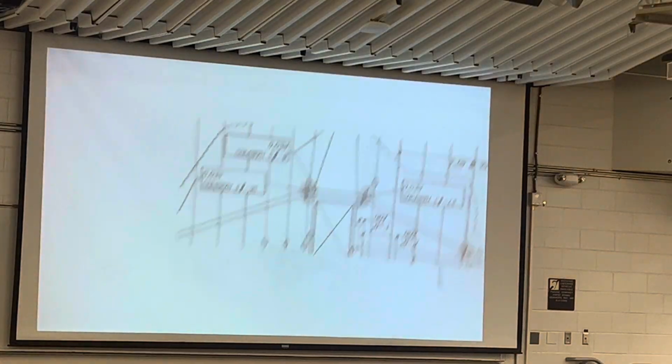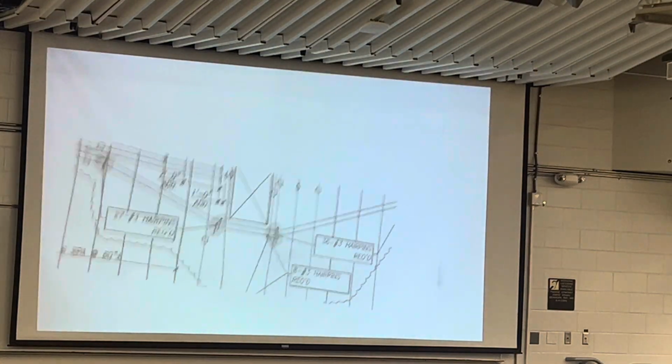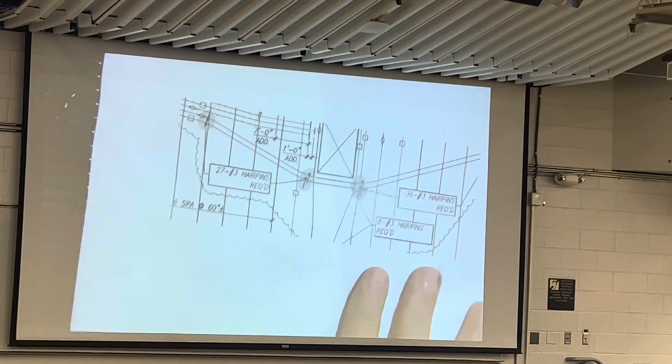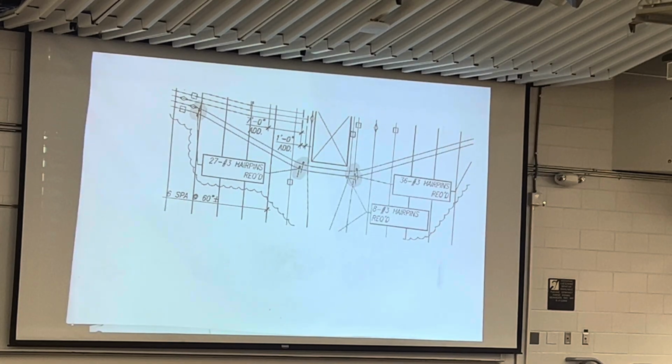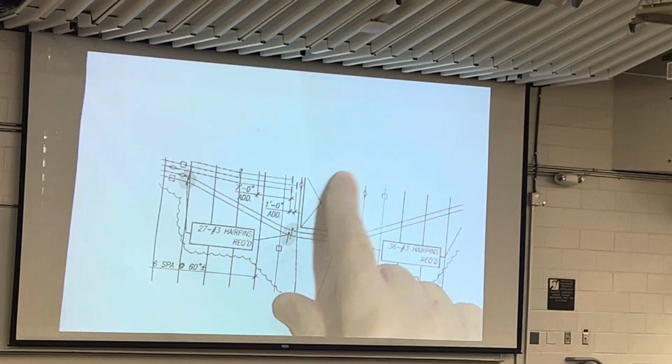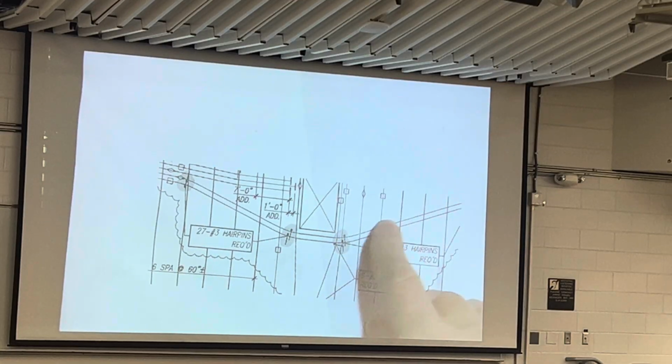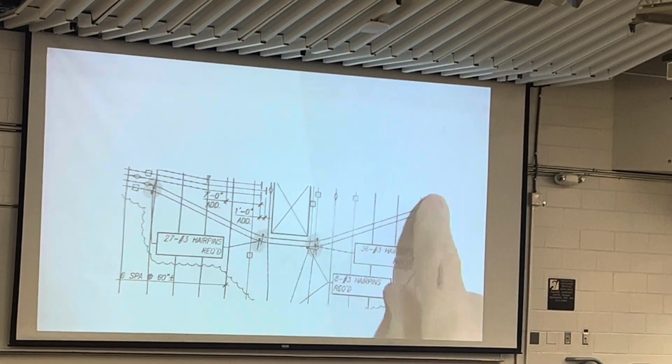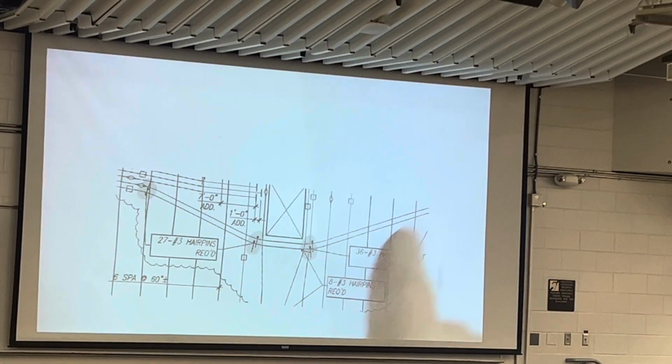So this is the schematic of that area. This is the elevator shaft. So the rebar had to come around, and it's not straight, it had to curve around the elevator shaft.